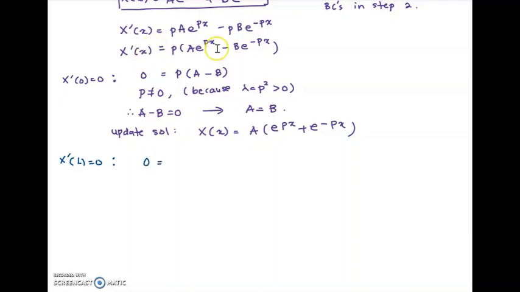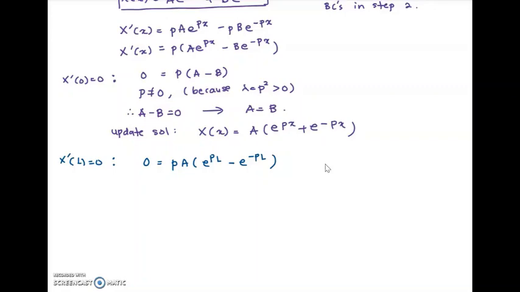At the right, we need to substitute x with L because this is X prime at the point x equals L. So we have p, a, exponent pL minus exponent negative pL. All right.